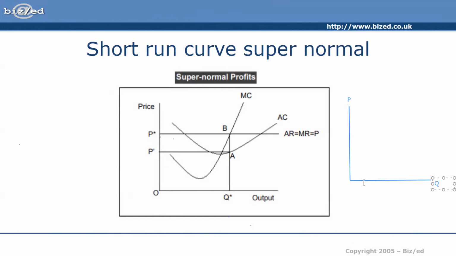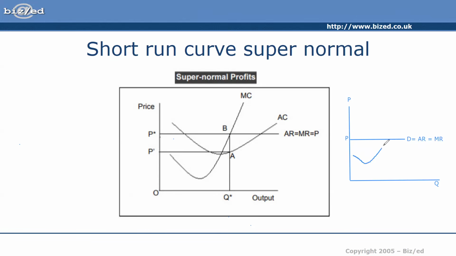And again, everything else stays the same. The demand curve is still completely horizontal, and the demand curve still represents average revenue and marginal revenue. Marginal cost curve is still like a large tick.